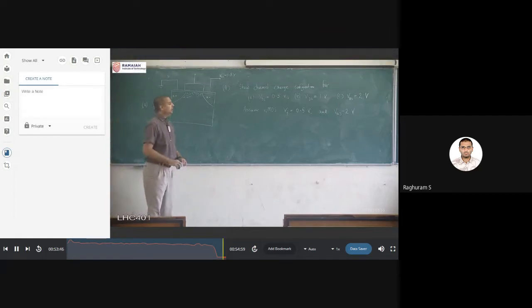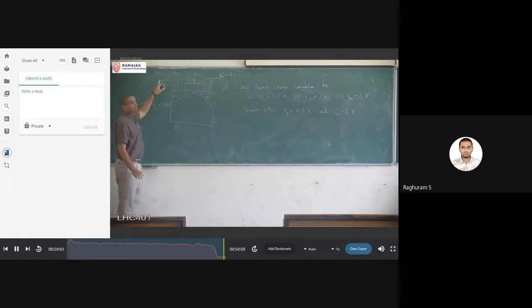Directly, you can see that I have drawn fewer electrons on this side compared to this side. What is the reason for that? The source side is connected to ground. Ground in digital circuits is the most negative voltage. Electrons don't like that.